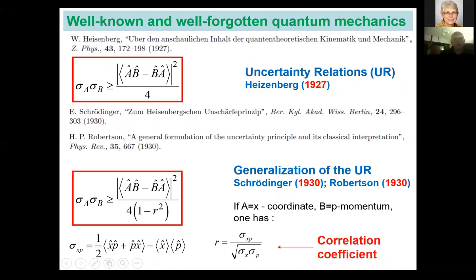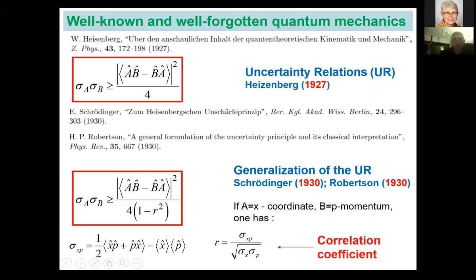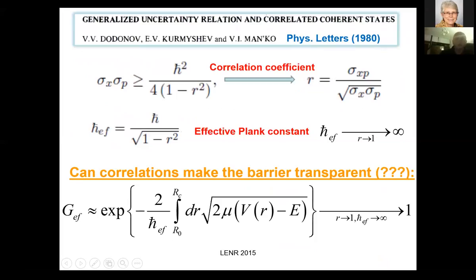On the right side, there are some operators. When you resolve this algebra, you will get something like this. This product is more than the Planck constant. But if you take into account the correlation between these operators, then you will get this correction.